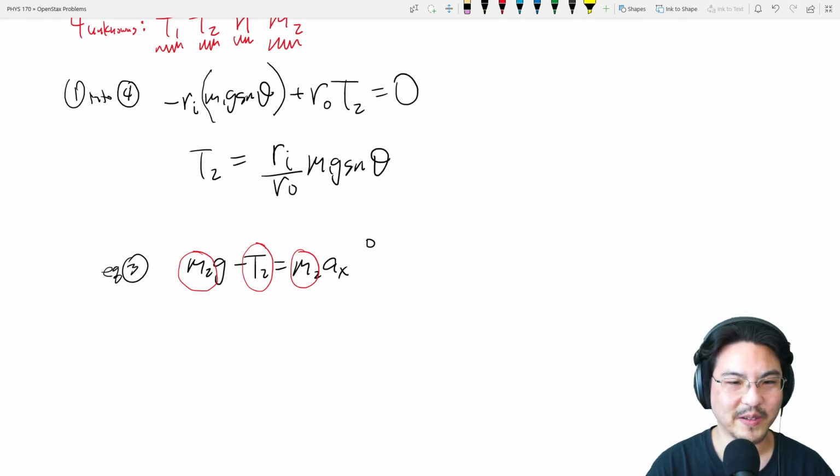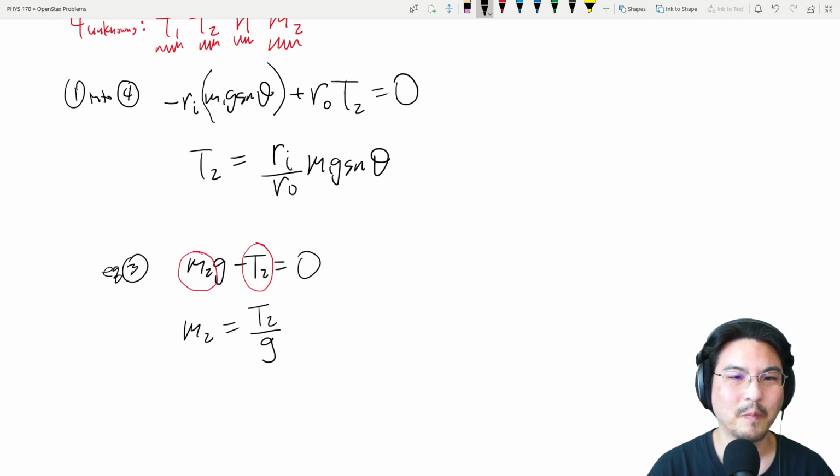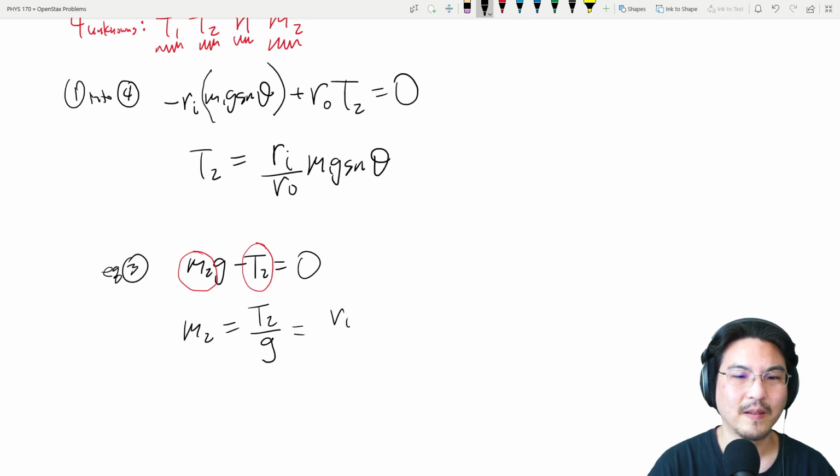This entire side over here is 0, right? So M2 equals T2 over g. And then T2 is right here. So just this divided by g. And there we go.